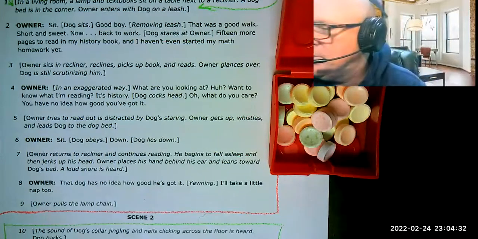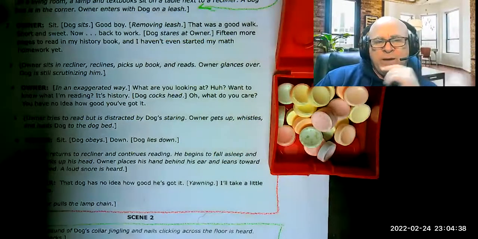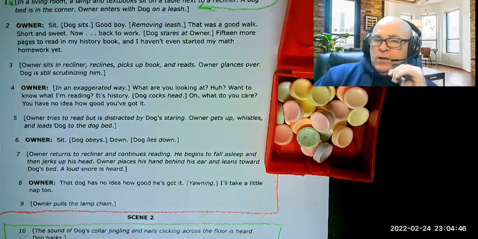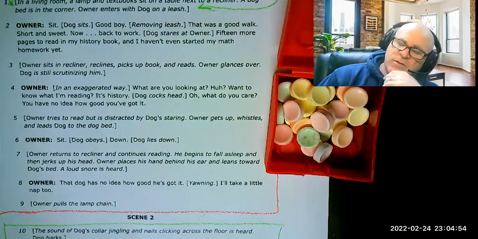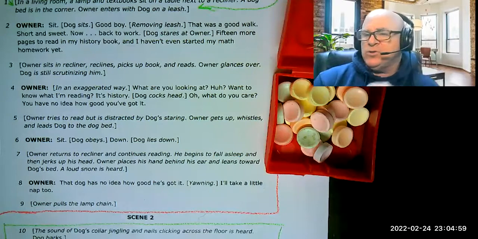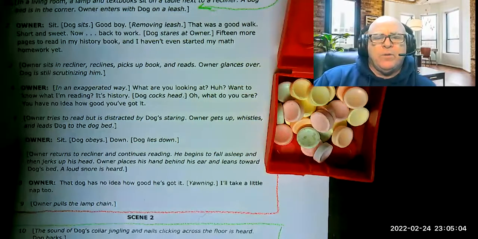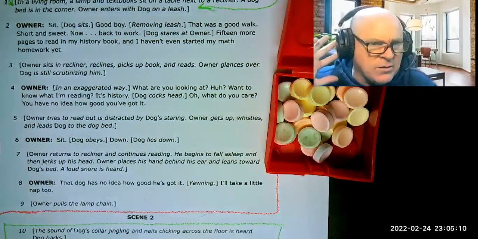Okay, so the dog is over by his dog bed, lying down. He begins to fall asleep and then jerks his head up. Two things again joined by the conjunction and. Owner places his hand behind his ear and leans towards dog's bed.